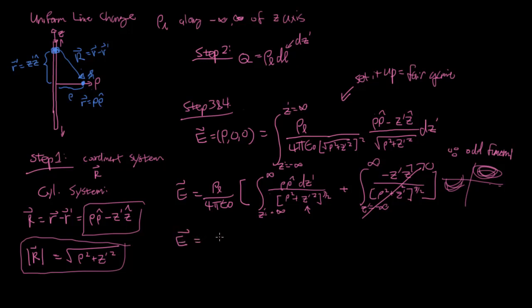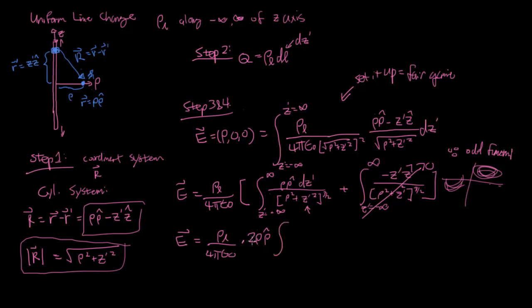We're going to have rho L over 4 pi epsilon naught times, we're going to pull another little trick here. This is going to be an even function, so we can pull out rho as a constant because we're integrating with respect to z.